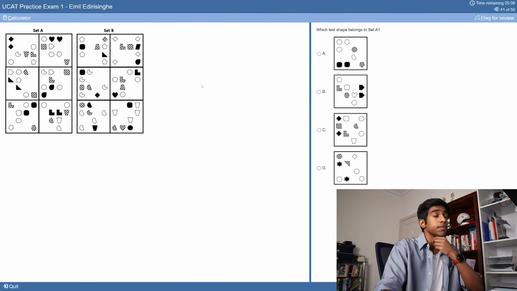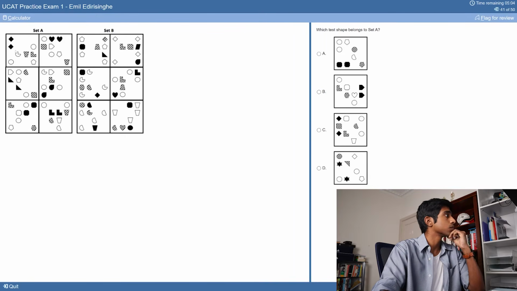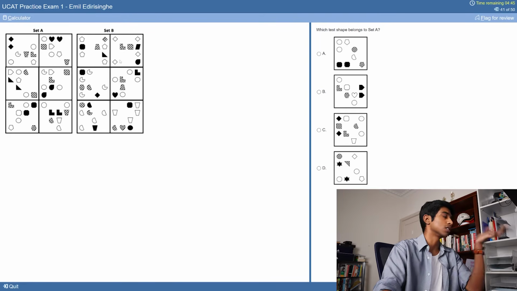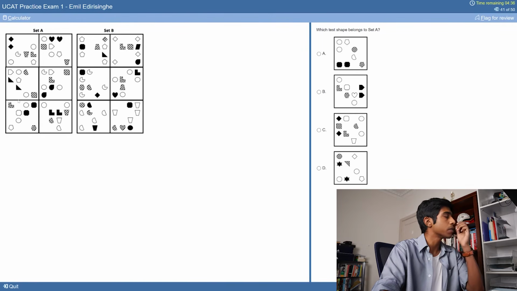Okay, this one. This one I'm thinking color or number of shapes. 1, 2, 3, 4. 1, 2. Yeah, so in every box there is 2 black shapes, 2 striped shapes, and then 4 of these white ones. In set B there's 2, 4. So it's the same in set B actually. In set A, all the black ones are the same shape.